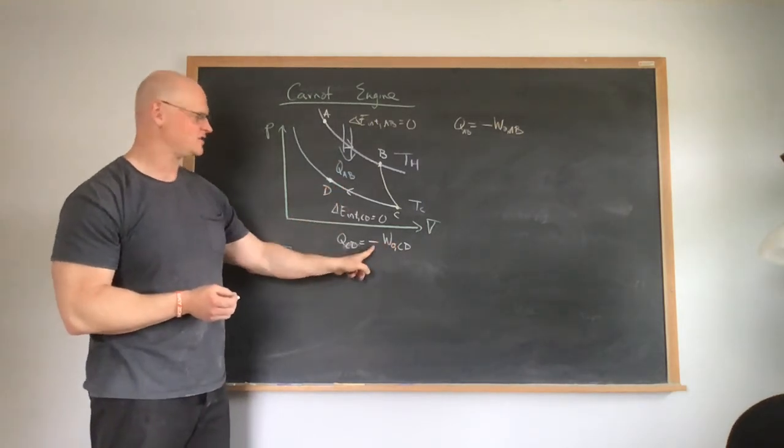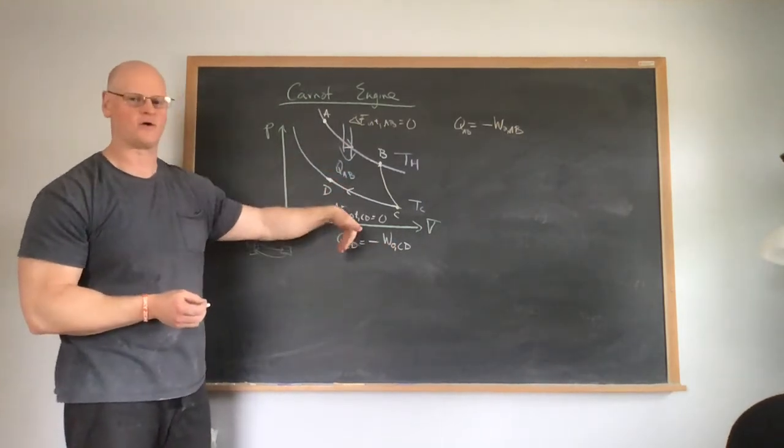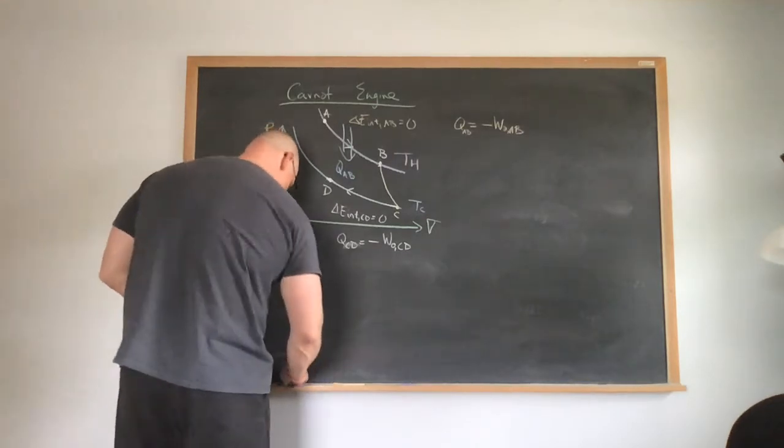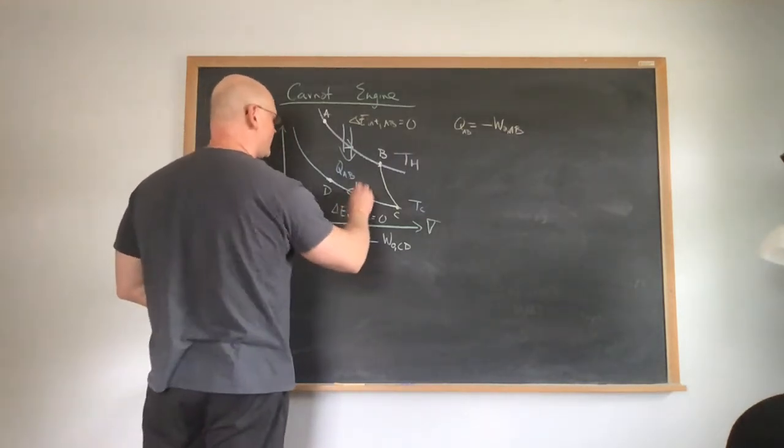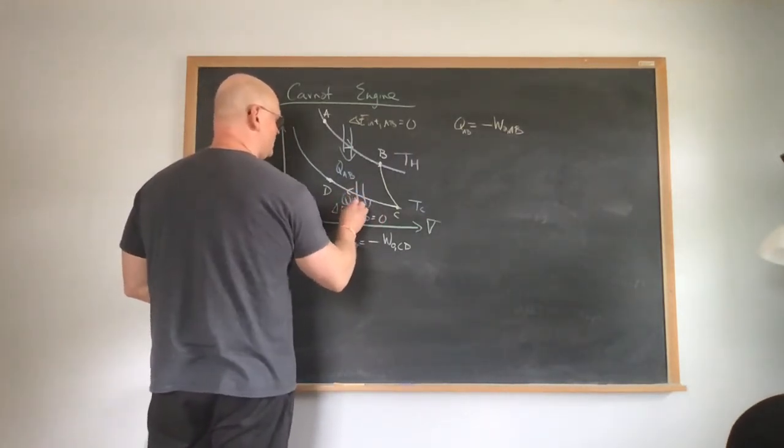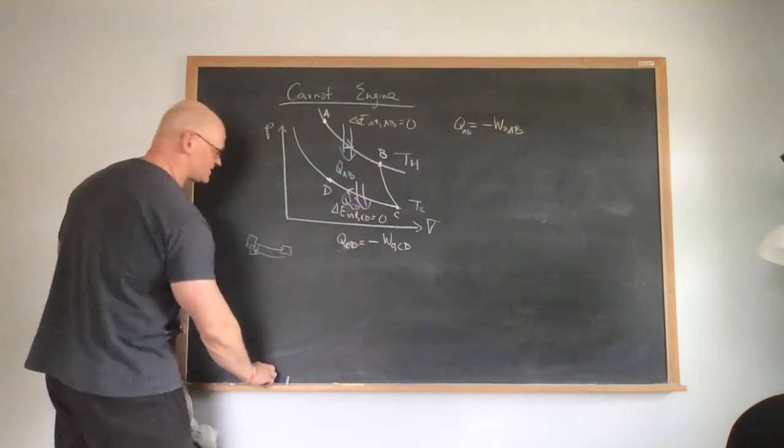So this is positive, which makes this negative, which means heat is going to flow out of the system. So here we have Q C to D, which is going to flow out of the system.